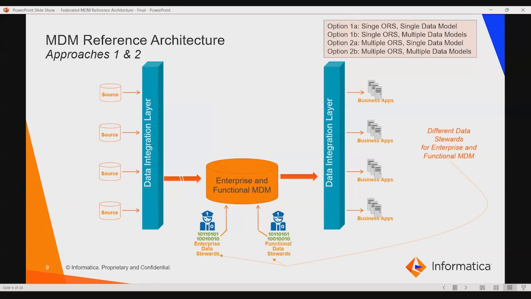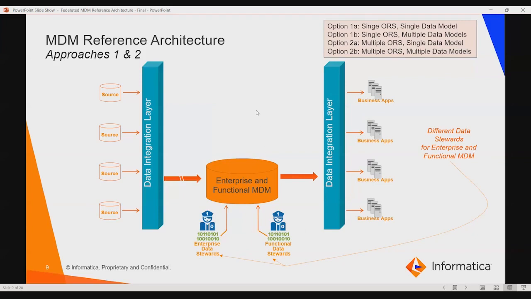Tag them to different ORSs based on your geographical locations. Now, you would definitely have enterprise data stewards and functional data stewards for these different ORSs and different data models attached to them. So different set of data stewards for enterprise and functional MDM, right?